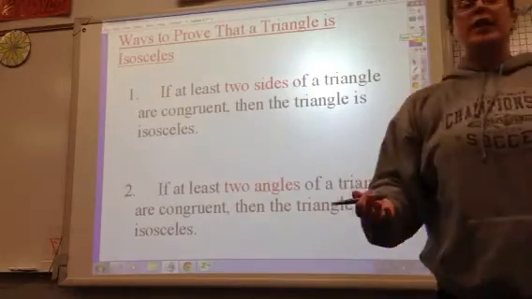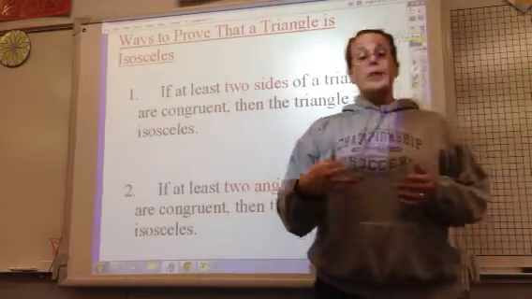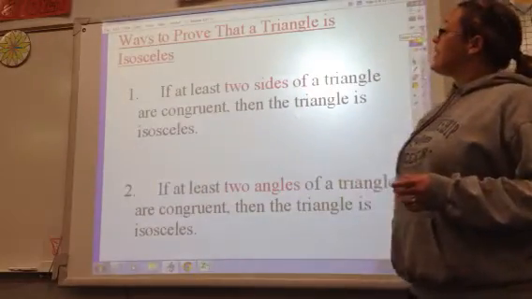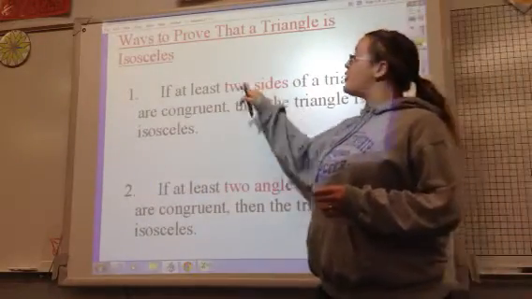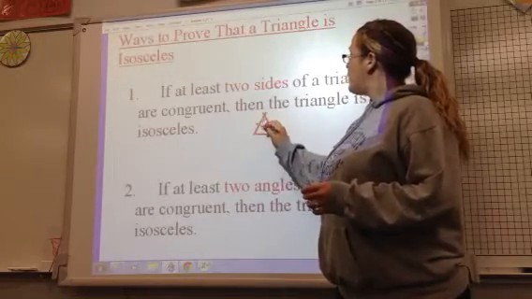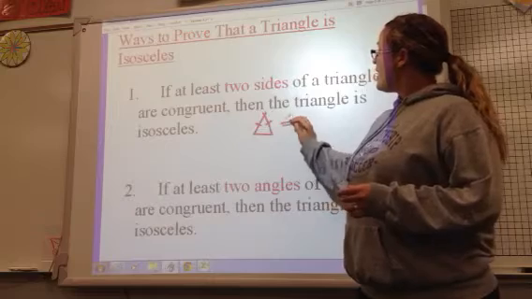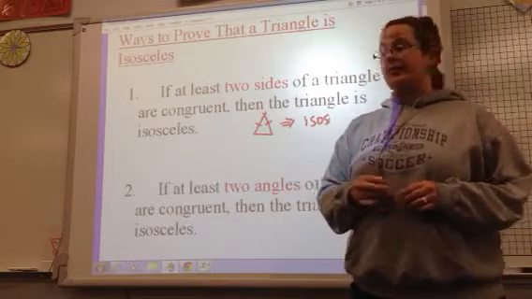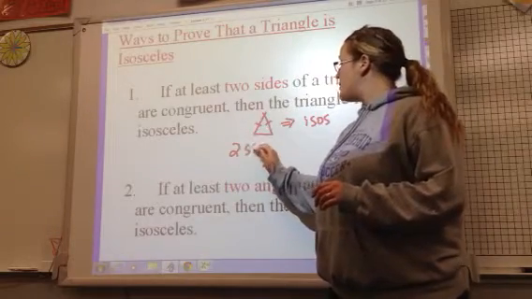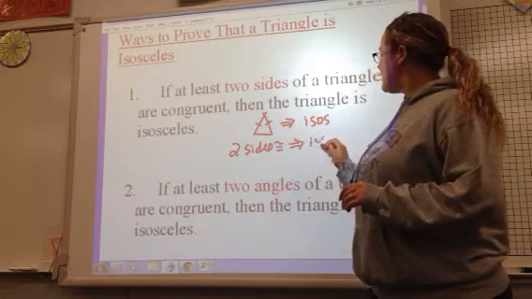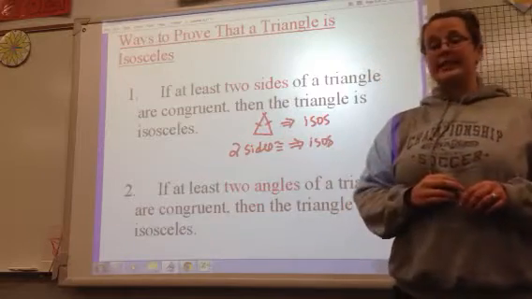We're going to spend a little bit of time talking about proving that we have isosceles triangles. One way to prove that you have an isosceles triangle is if you have two sides that are congruent. So if I have two sides that are congruent, that implies I have an isosceles triangle. Or you can write it out, two sides congruent implies isosceles.